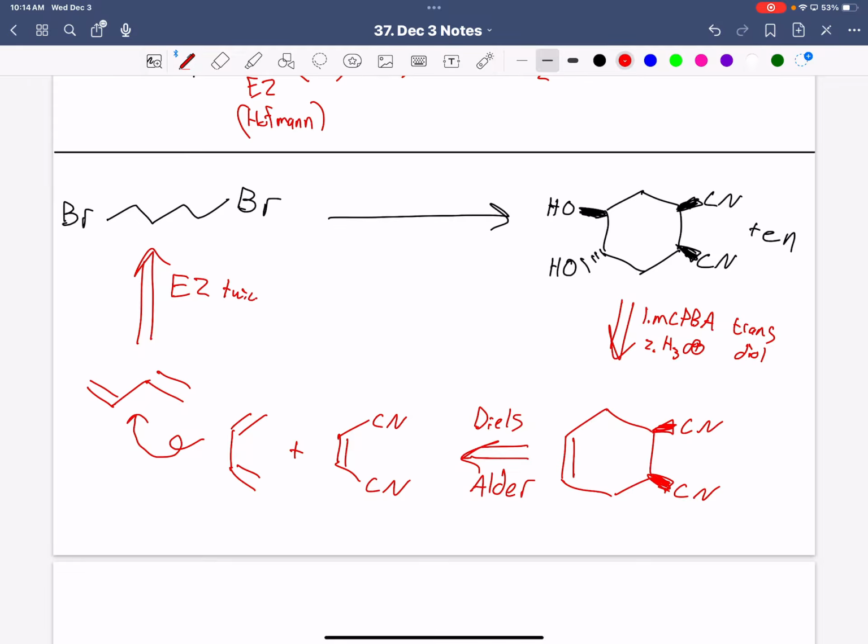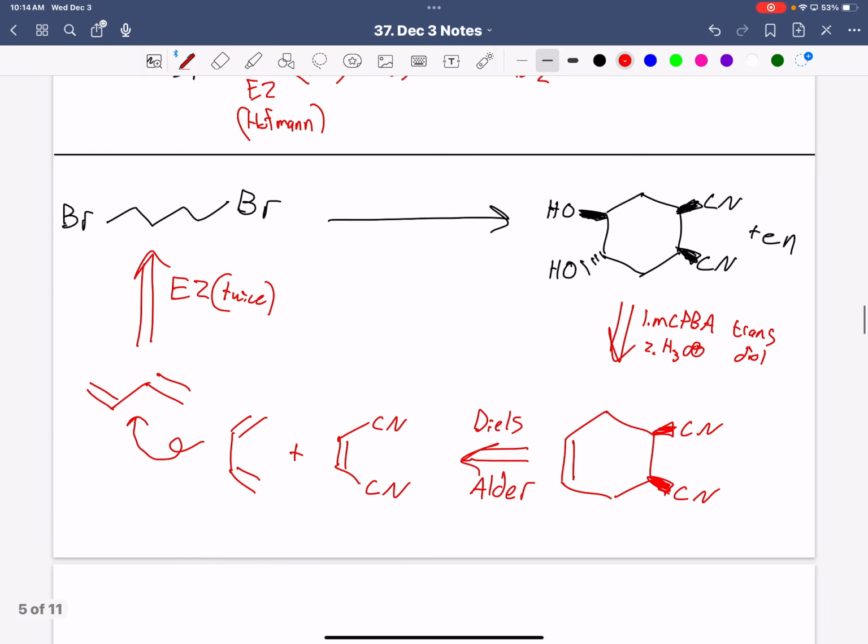That's just an E2, but twice. Ethoxide, just an excess. Realistically, if you're running an elimination, you're using excess base anyway. Too. I'm not going to try to draw it there, but that 4-carbon dienophile.